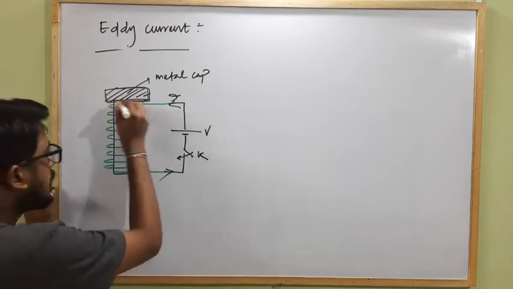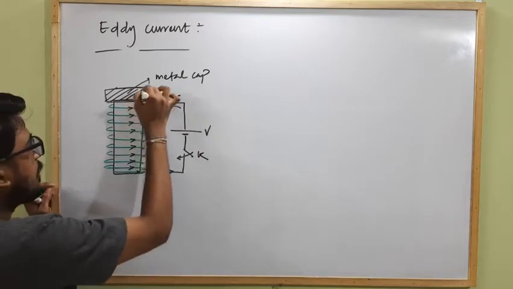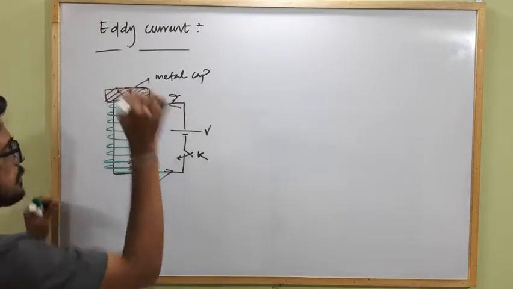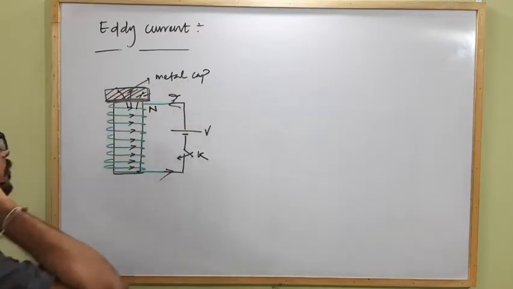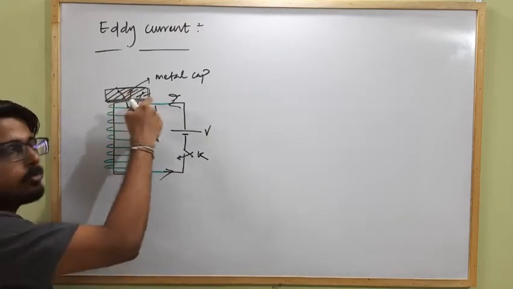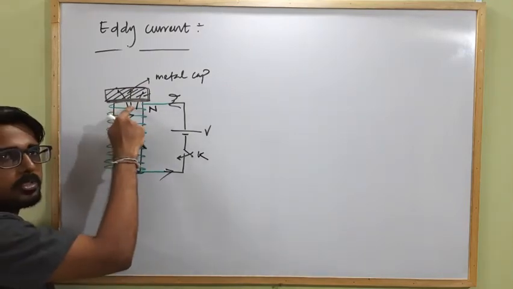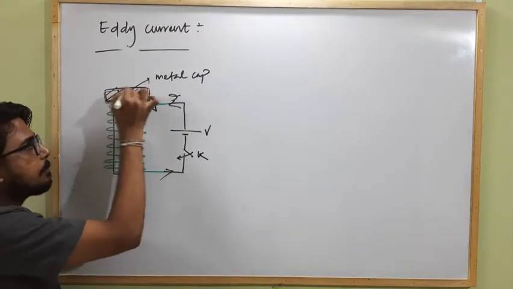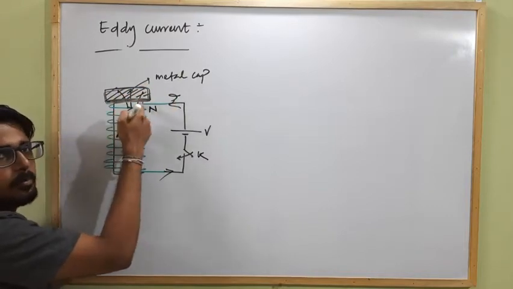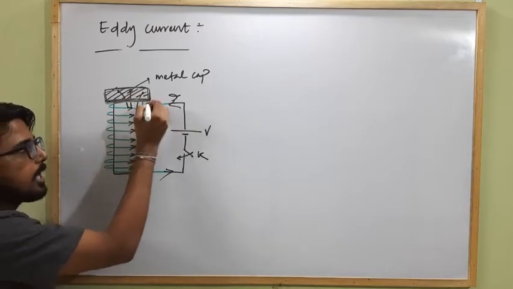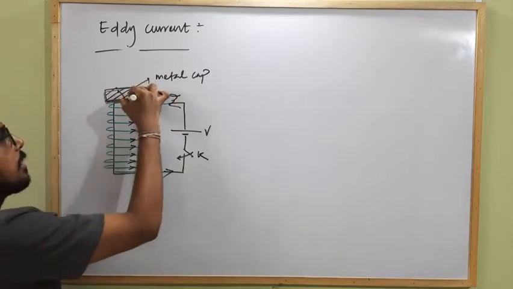As if this end of the coil behaves as a north pole, the lower surface of the metallic cap will also behave as a north pole due to the formation of eddy current within it, because it tries to oppose the change in flux. So there will be a repulsive force between these two north poles. As a result, this cap flies away.